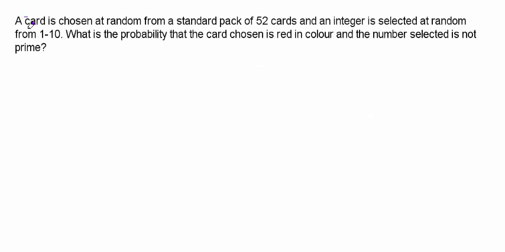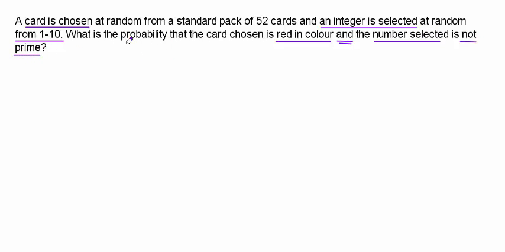Let's try this one. A card is chosen at random from a standard pack of 52 cards and an integer is selected at random from 1 to 10, both inclusive. What is the probability that the card chosen is red in color and the number selected is not prime?